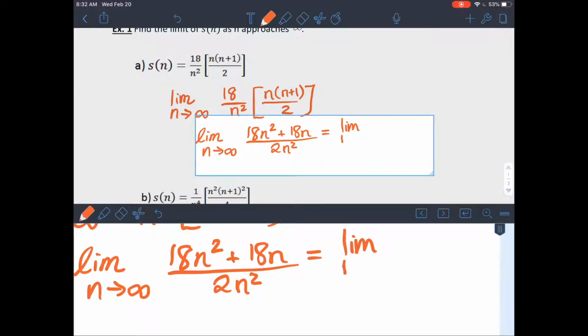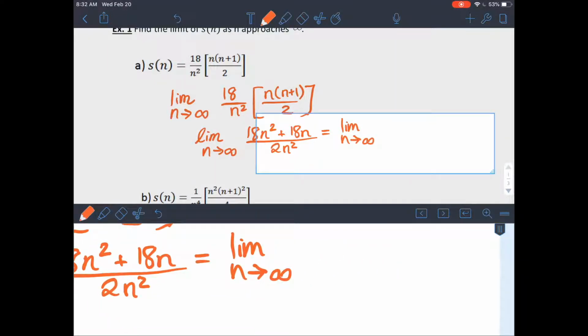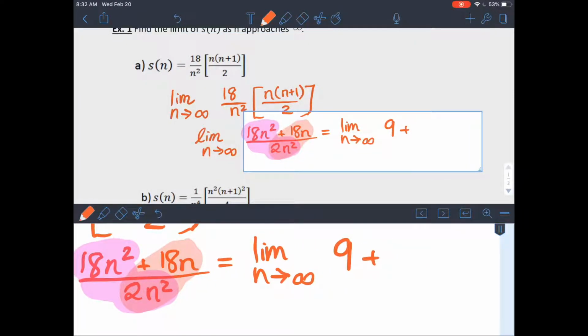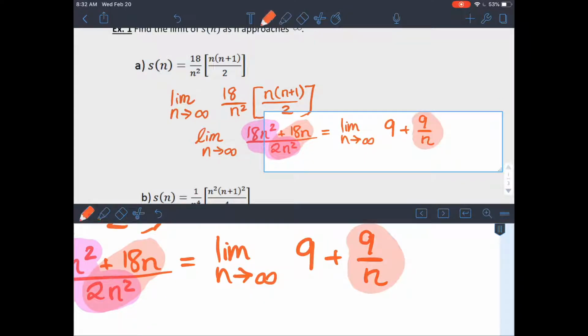You could use L'Hopital's rule, but I'm just going to divide that up into two separate fractions because it simplifies nicely if I divide 18n squared by 2n squared into 9. And if I divide my other two terms, it'll just divide out to 9 over n. So if you take that limit as n approaches infinity, that second term is going to get towards 0, and you just get 9.